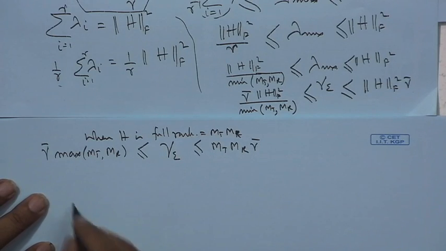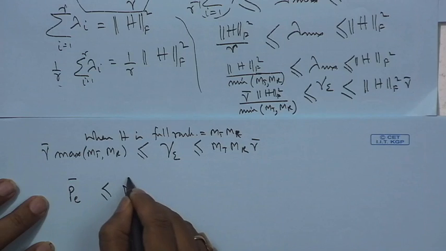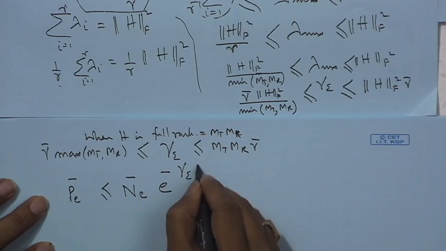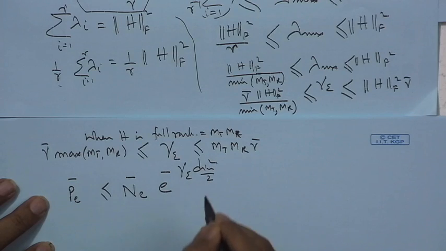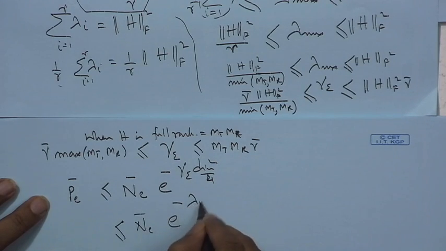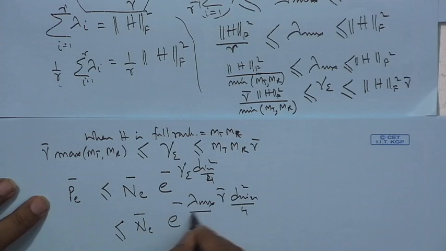If this is the case, we could say that P_E bar is less than or equal to n_e bar e to the power of minus gamma sigma d min squared by 4. This is what we have, and we could say that n_e bar is less than lambda max gamma bar d min squared by 4, and it has two range values. We have already said the two range values of it.